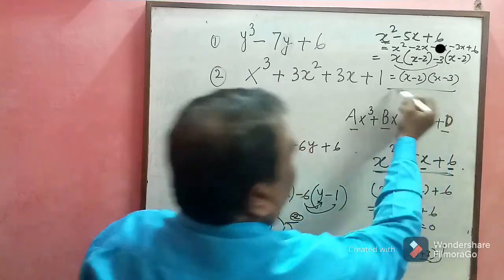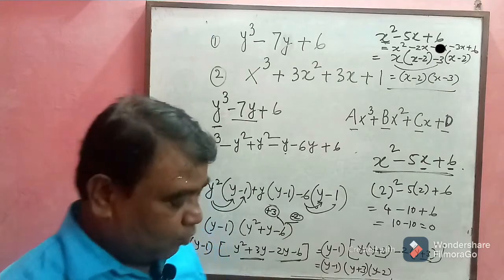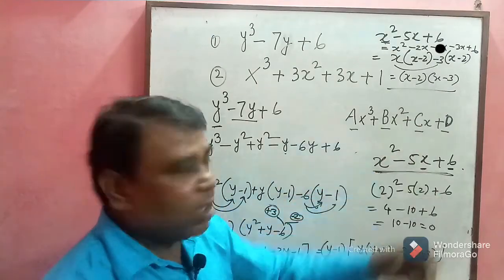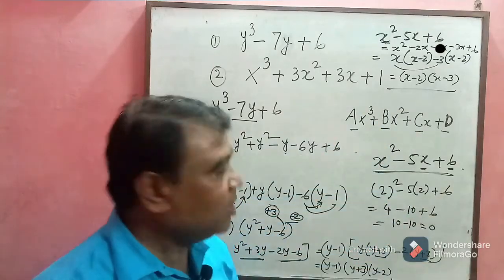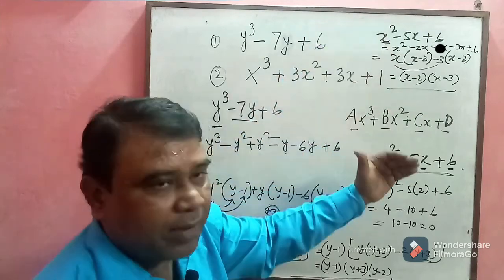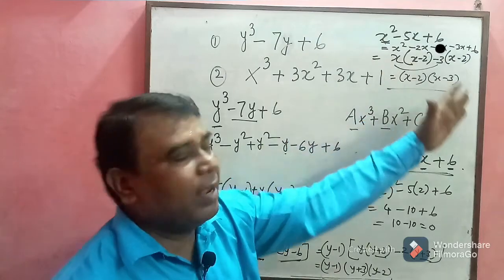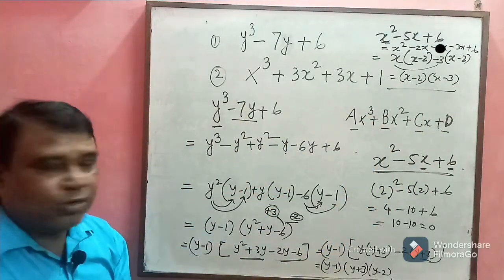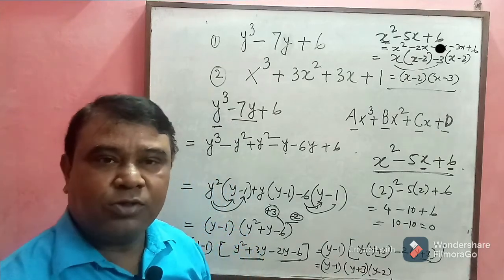Whether you know middle term splitting or not, you can use this technique for the factorization, that is the factor theorem. Anyhow you get 0, and once you have got 0, you just convert it into a factor, and then write a step, leave one step. The next step you write according to the degree. If it is 2 times, if it is 3 times, this way. So you don't need to divide at all. You just please carry on with this one.